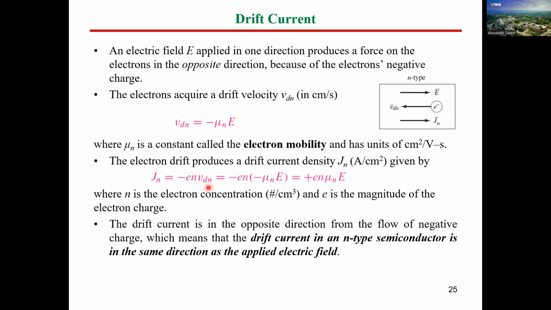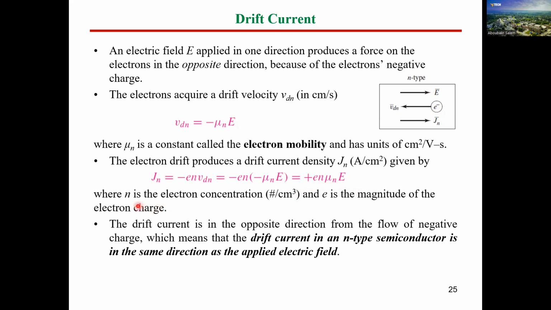V dN, which is the drift velocity of our electrons. If you substitute V dN from this relation here as a function of the electron mobility and the electric field, you will end up with Jn equals plus E times N times mu N times E. What are the definitions again?